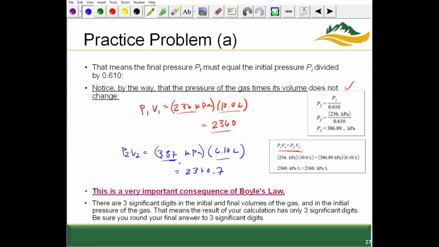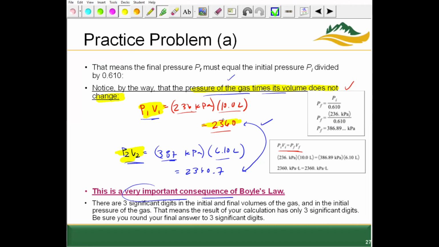With some of the rounding we did, these do indeed equal each other, aside from the minor rounding. So this is, again, a very important consequence of Boyle's law. The pressure of the gas times its volume does not change.